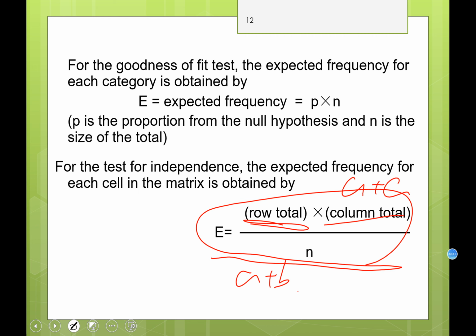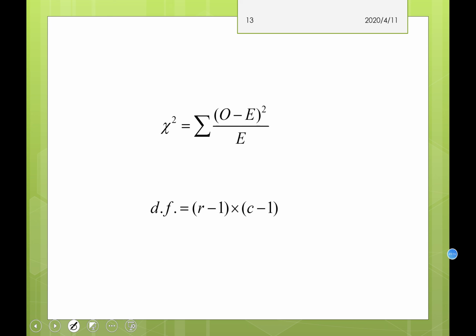So generally we can find that the expected frequency for each cell can be calculated with this formula: the cell's row total times the cell's corresponding column total divided by the sample size little n. So that is how we can get the expected frequency. And then we can use this formula to calculate the chi-square value.